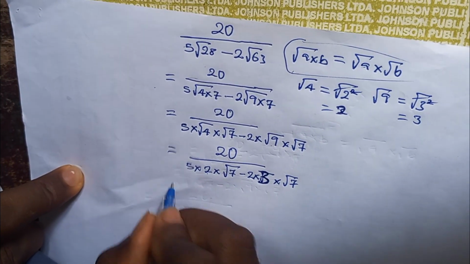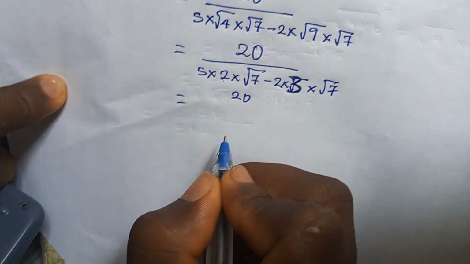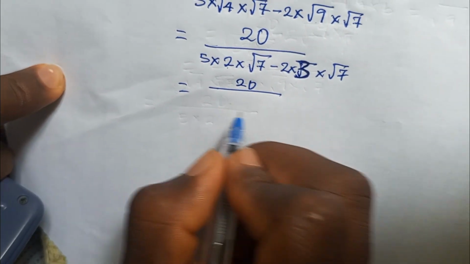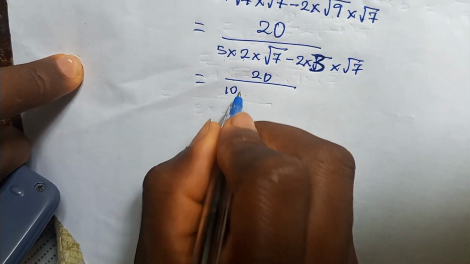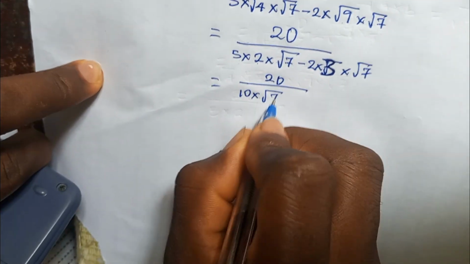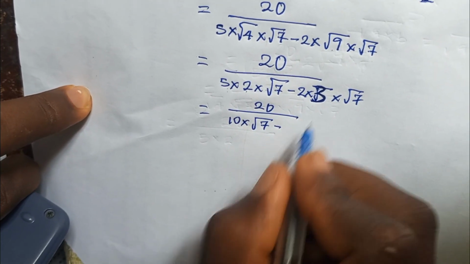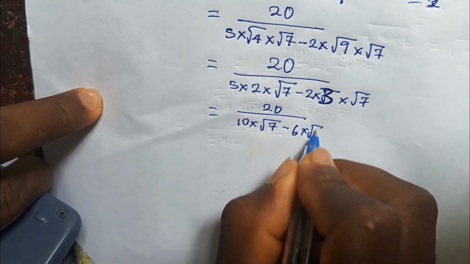So this equals to 20 all over 5 times 2 is 10 times root 7 minus 2 times 3 is 6 times the root of 7.